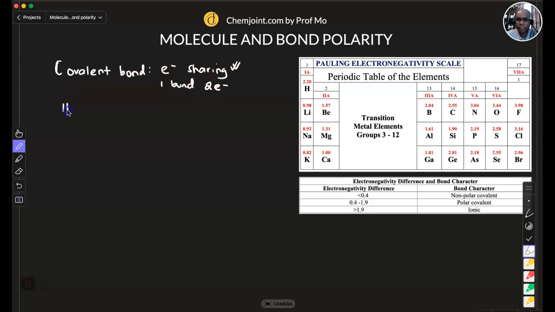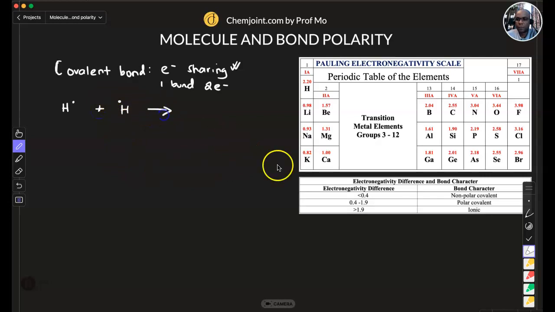Now, that's not the major objective of this lesson, but I'm going to give you an idea of what I mean. So I'm showing elemental hydrogen with only its one valence electron.